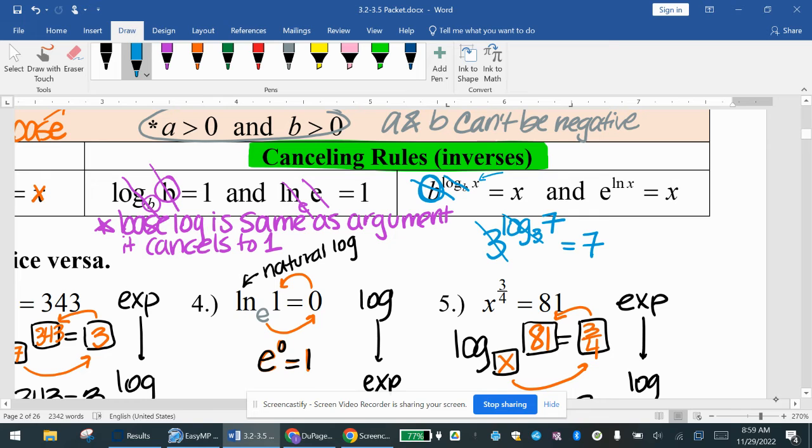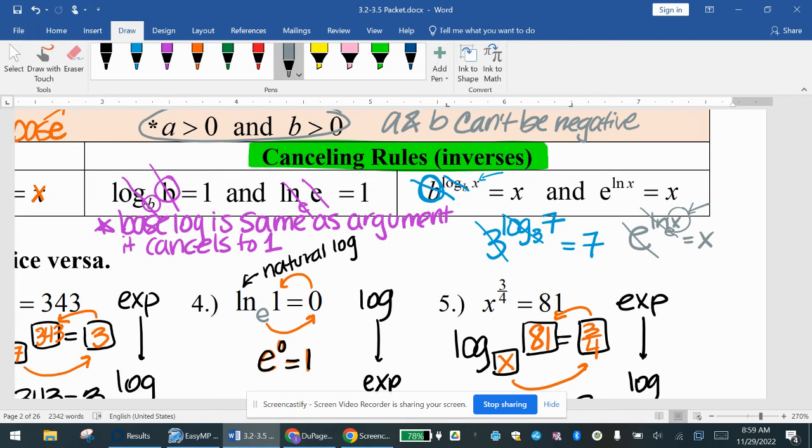So here, let me use a different color. e to the natural log of x is going to equal x. Why? Because the natural log has a base e. And these would cancel and you'd be left with just x. So those are canceling rules. Now you don't want to get crazy with it and just start canceling a bunch of stuff.